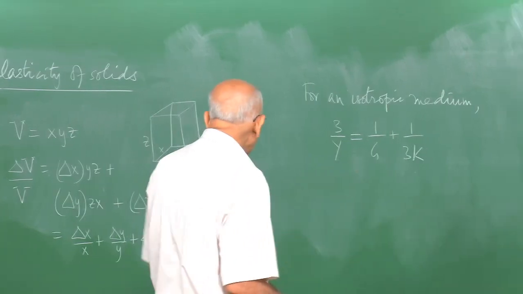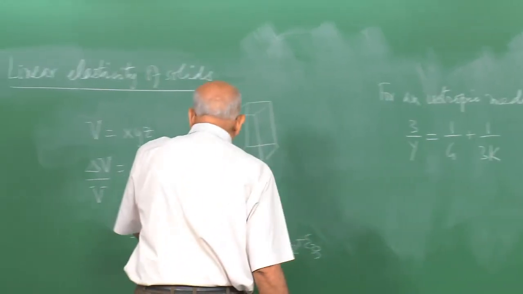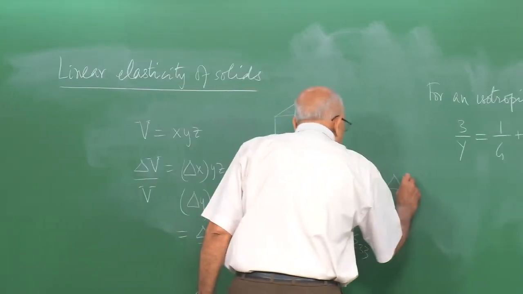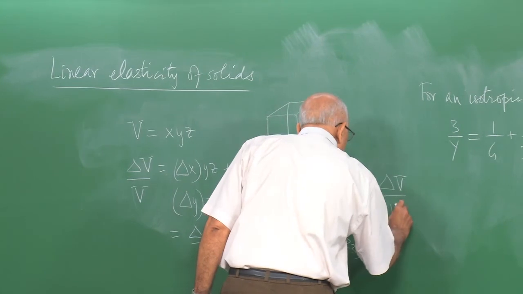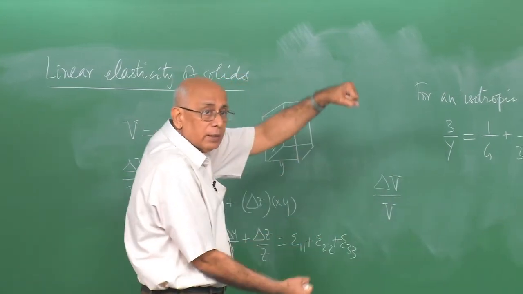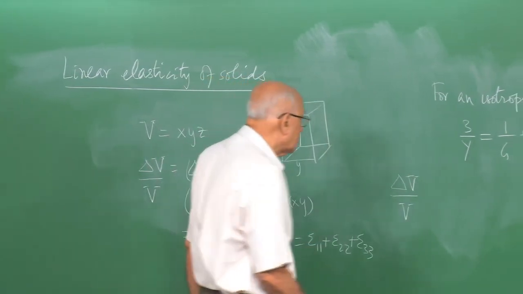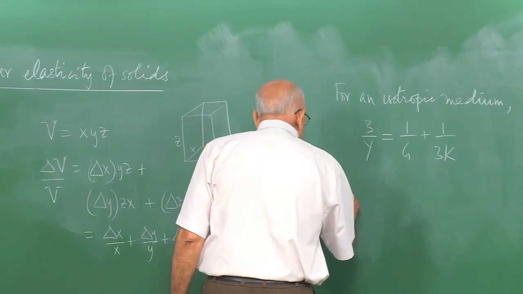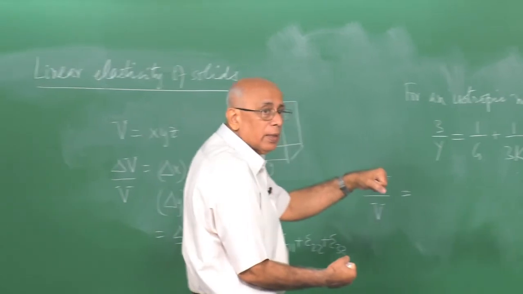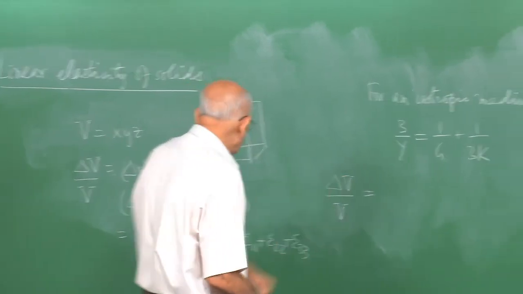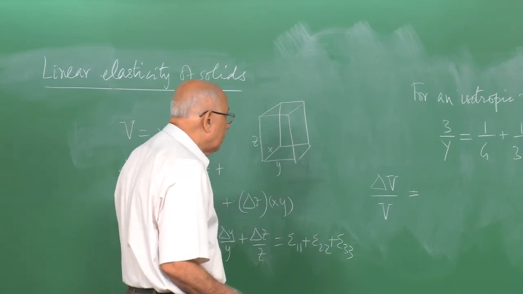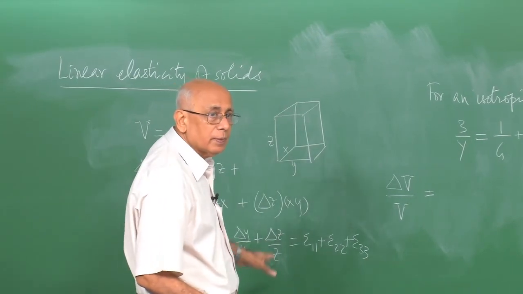But there are strong bounds on it which you can get from this relation here, because all you have to notice is that delta V over V, and let's say we have uniaxial tension pulling outwards. In this case, when you pull outwards, we can ask what's the change in the total volume. Well, delta Z over Z, this guy here, is going to be epsilon 33.